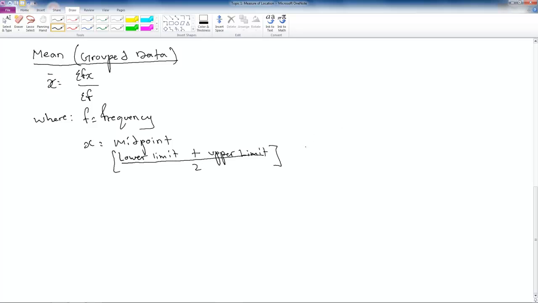Okay, lower limit plus upper limit divide 2. So that's called midpoint.